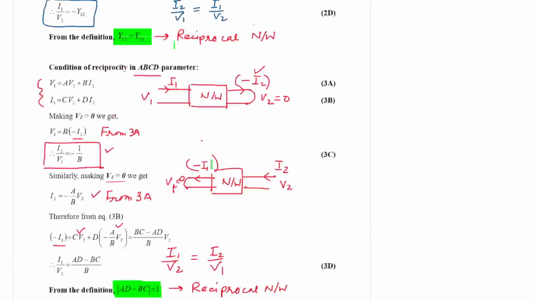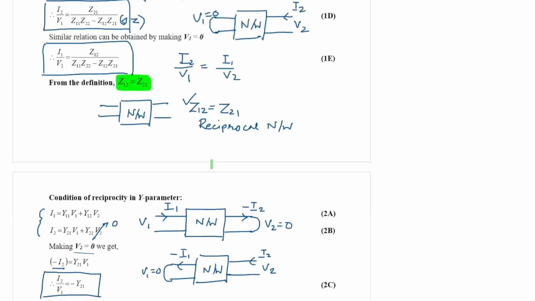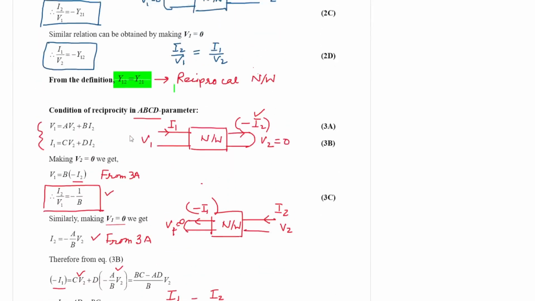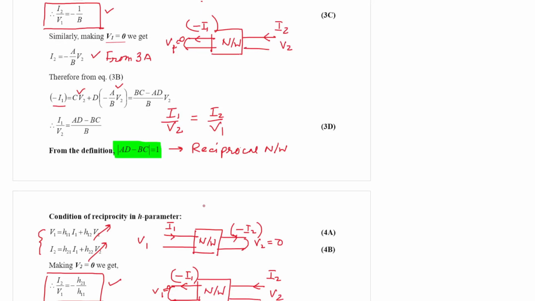So in terms of Z parameters we have derived Z12 is equal to Z21. In terms of Y parameters, we have derived Y12 is equal to Y21. In terms of ABCD parameters, we derived that the magnitude of AD minus BC must be equal to 1.